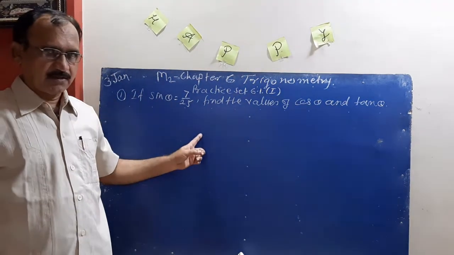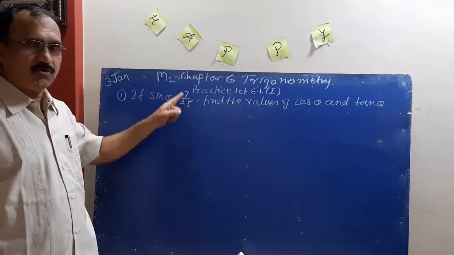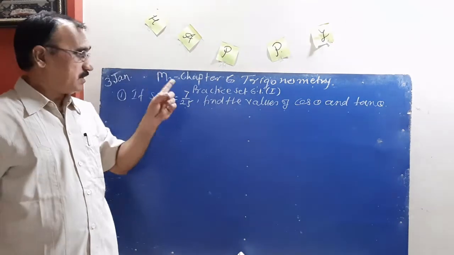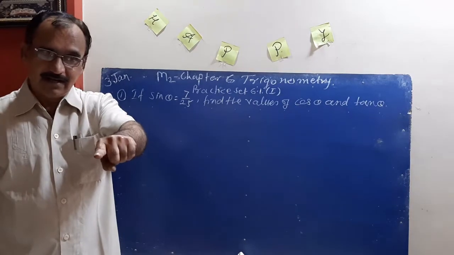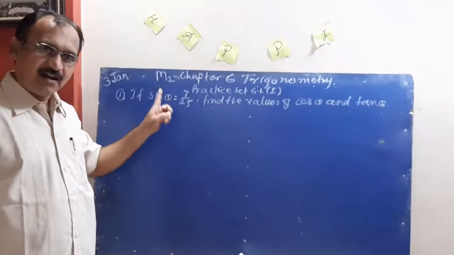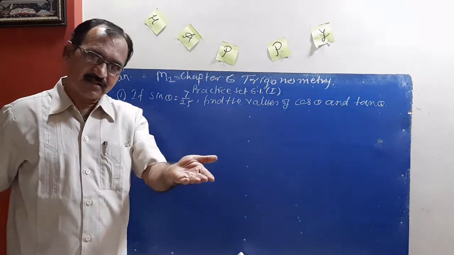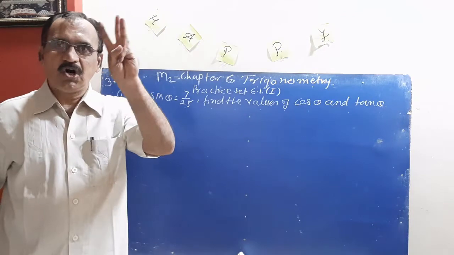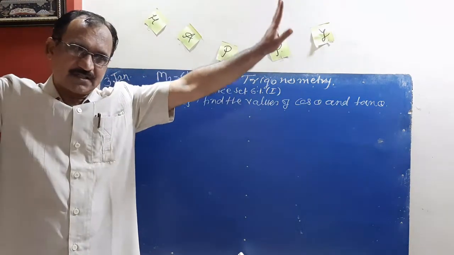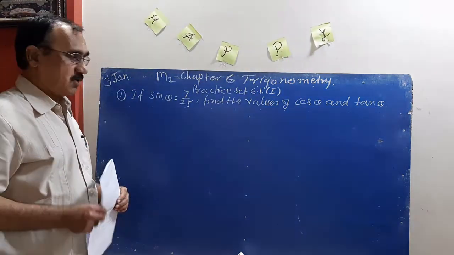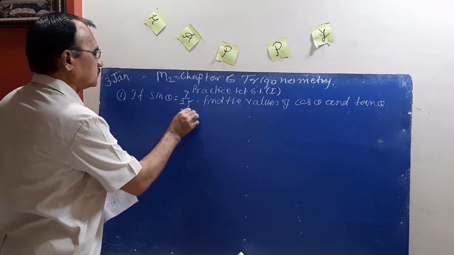This is the first method. By definition, sin theta is 7 upon 25, that means opposite side upon hypotenuse. In a right angle triangle, if the opposite side and hypotenuse are given, we can find the adjacent side with the help of Pythagoras. And if we know all three sides of any right angle triangle, we can write all 6 trigonometric ratios.